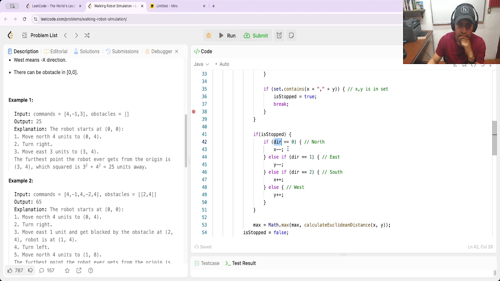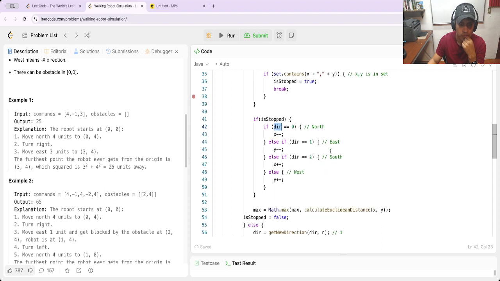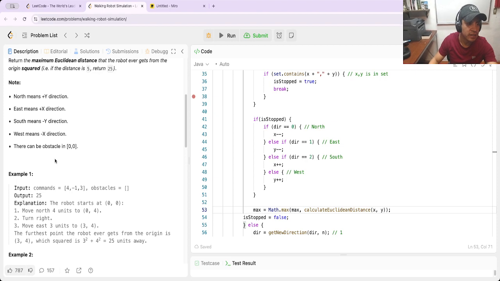Less because it reaches an element that it doesn't reach because it's an obstacle. No, and even, let me check here.